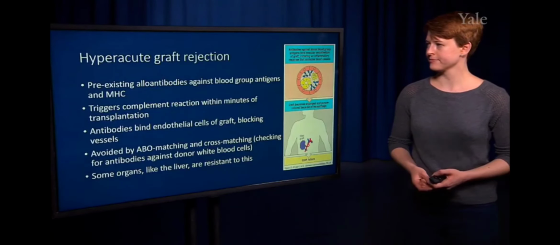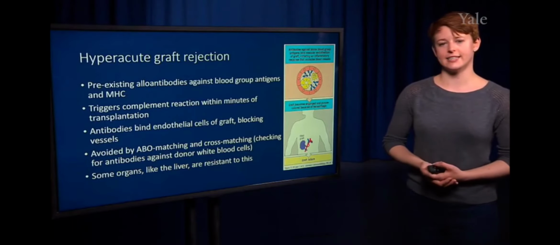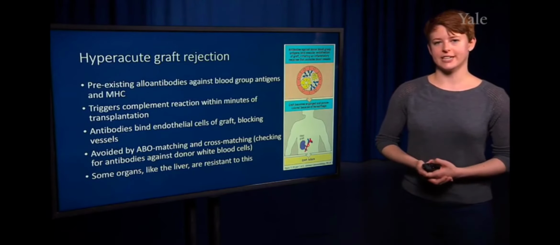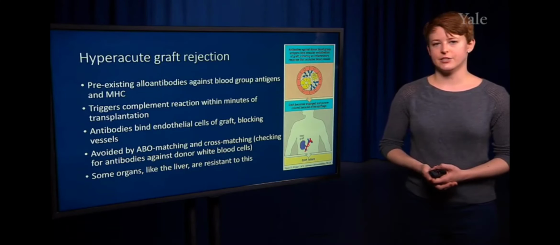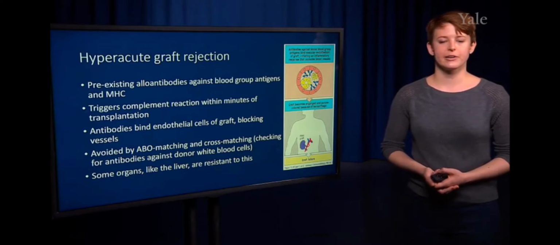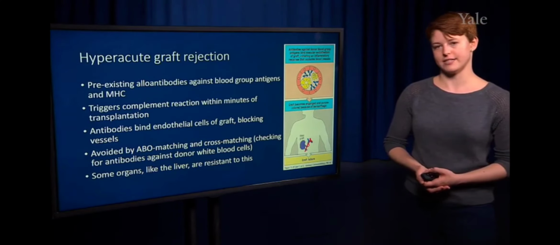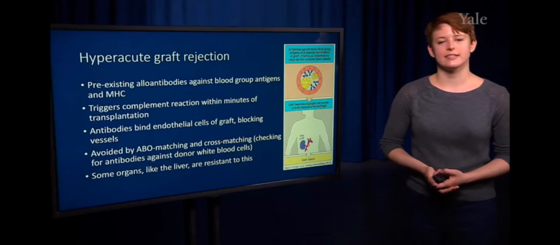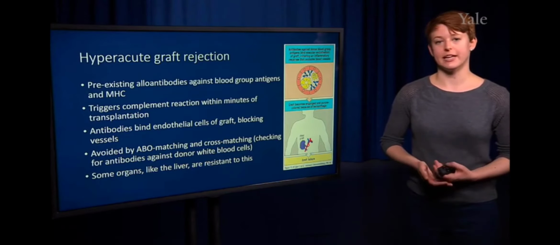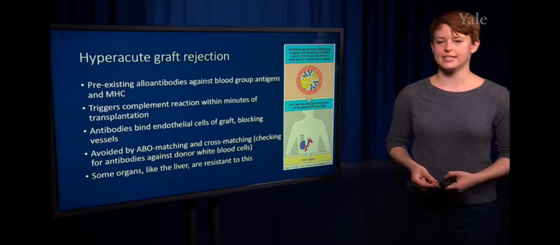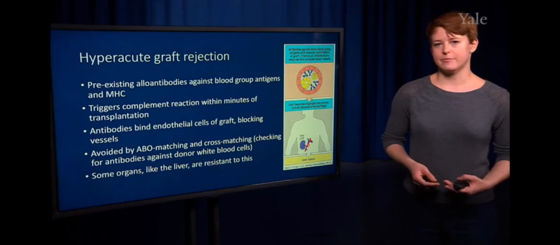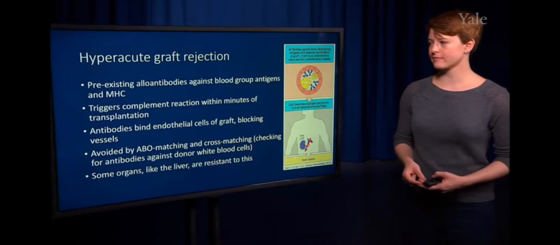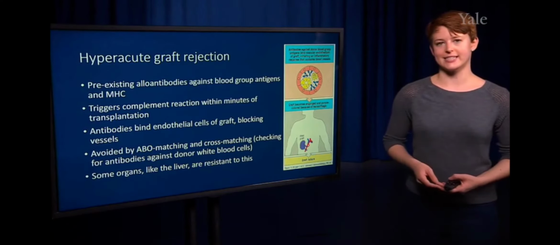On the other end of the spectrum, there's a graft rejection response known as hyperacute graft rejection. This is due to the presence of pre-existing alloantibodies, and typically these antibodies are against the blood group antigens, so these are the antigens that differentiate the A, AB, B, and O blood types. Or they might be antibodies against the non-self MHC.